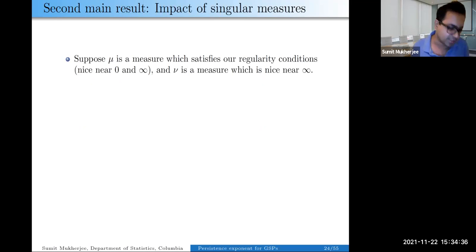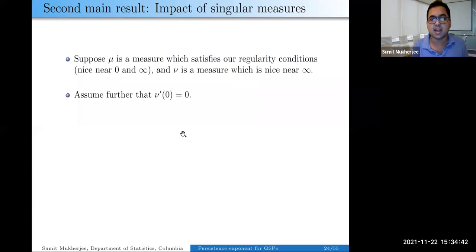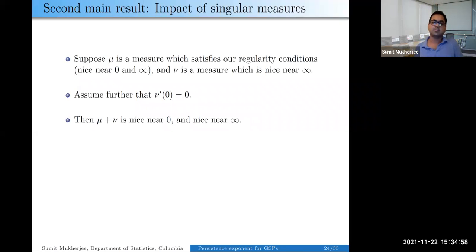Nice near zero will mean that mu prime zero exists. So these are the two assumptions, and you assume that nu prime zero is zero. So let's say you assume that nu is not supporting an interval around zero, but we can work with this. Then mu plus nu is also nice near zero and nice near infinity, because you can take sums.